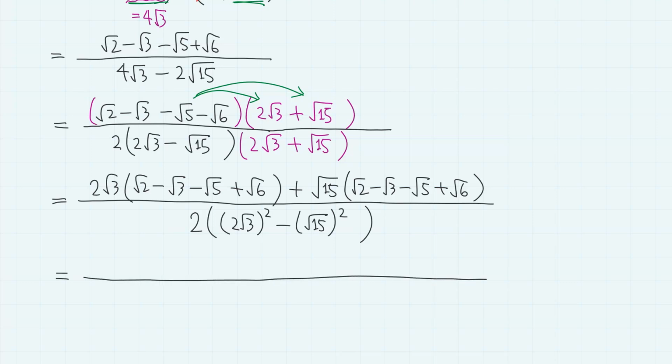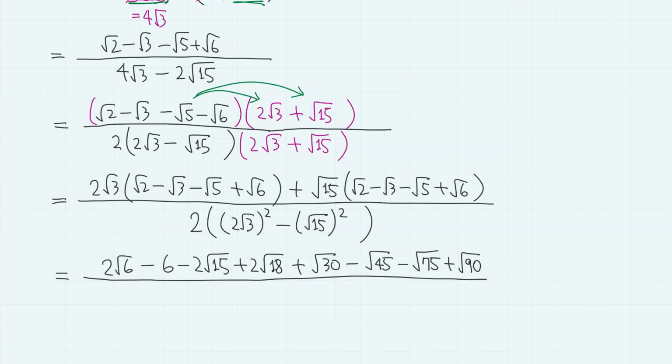So in the numerator we have 2 square root of 6 minus 6 minus 2 square root of 15 plus 2 square root of 18 plus square root of 30 minus square root of 45 minus square root of 75 plus square root of 90, and the denominator is 2 times 12 minus 15.